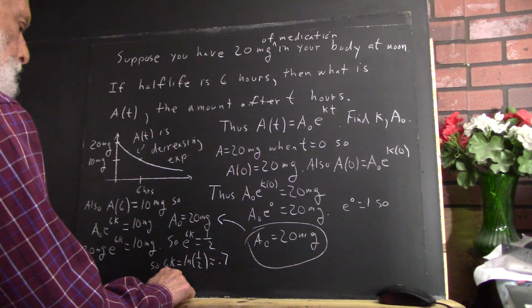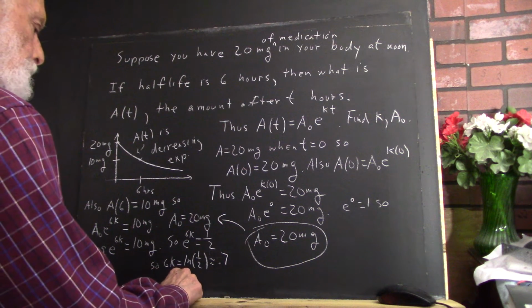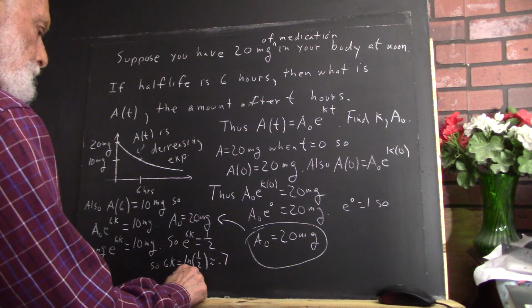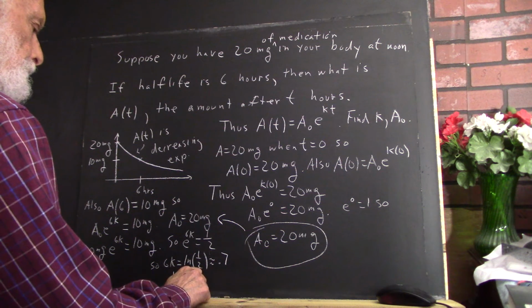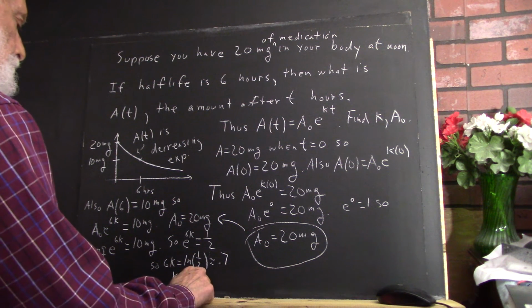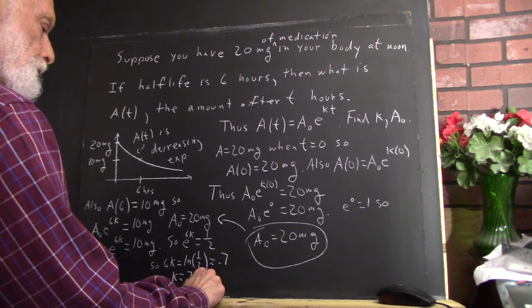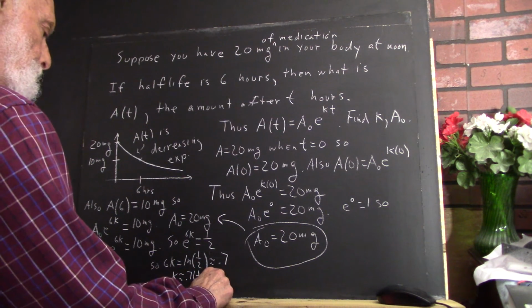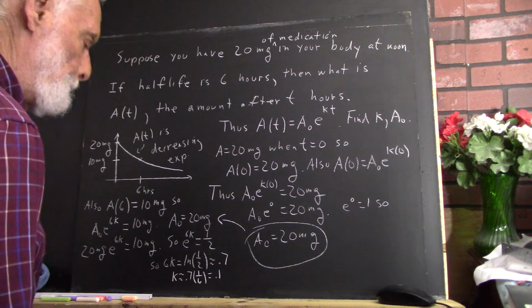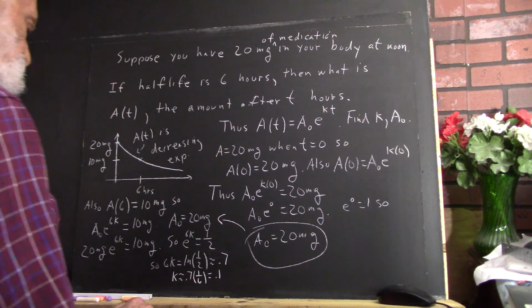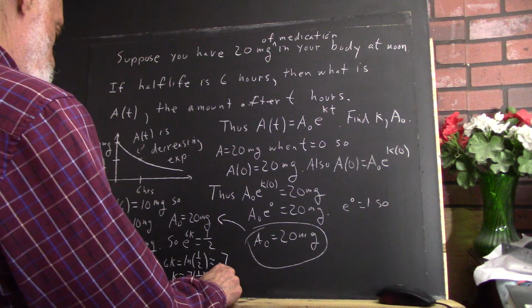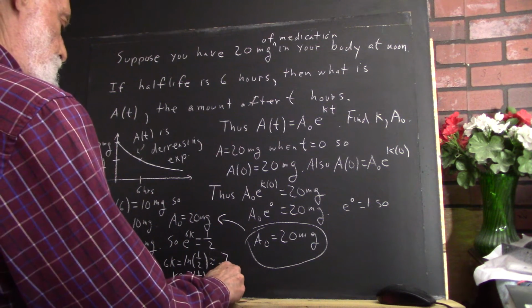So that K is approximately equal to 0.7 times 1/6, which is about 0.117.